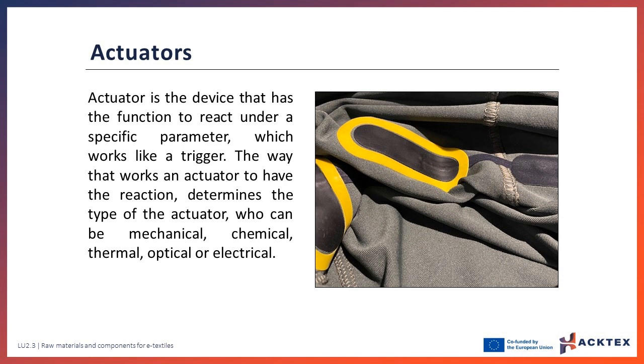On the other hand, the trigger which provokes the outcome signal can be chemical like a pH, oxidation, solvents, reduction or gaseous change, or physical as a light, deformation, temperature or electric change. Additionally, the way an actuator works to have the reaction determines the type of the actuator, which can be mechanical, chemical, thermal, optical or electrical.